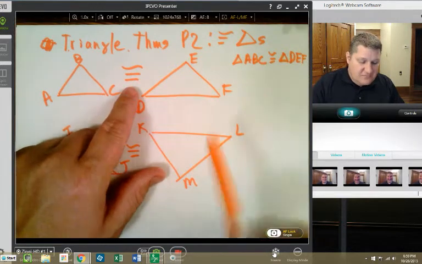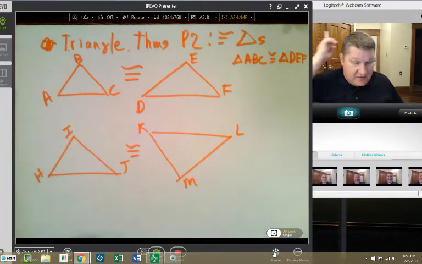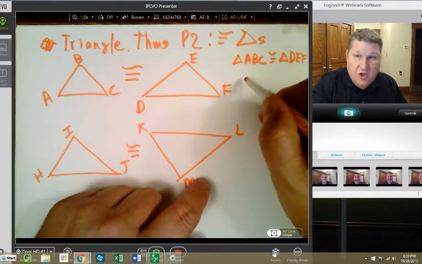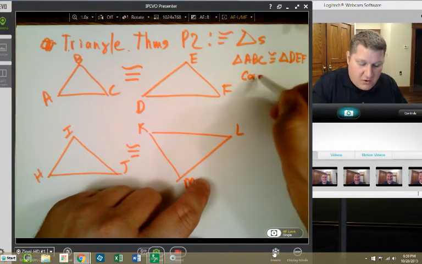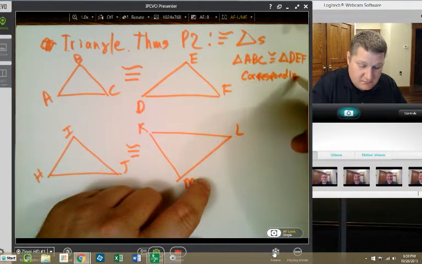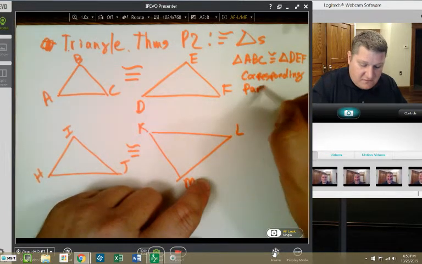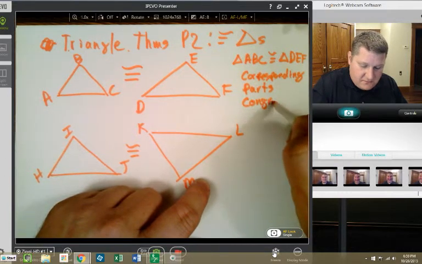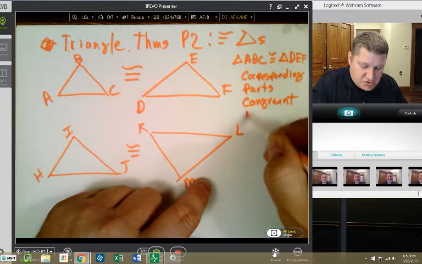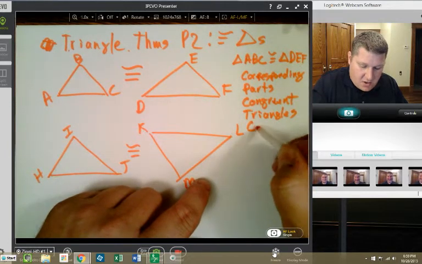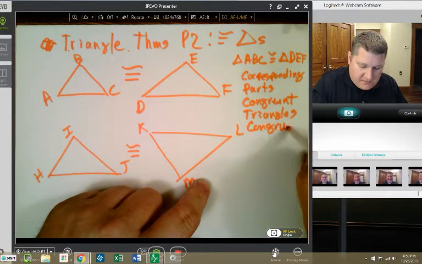So, in this particular case, the next thing we need to talk about is corresponding parts. If two triangles are congruent, corresponding parts of congruent triangles are congruent.